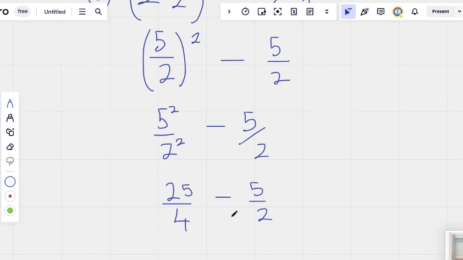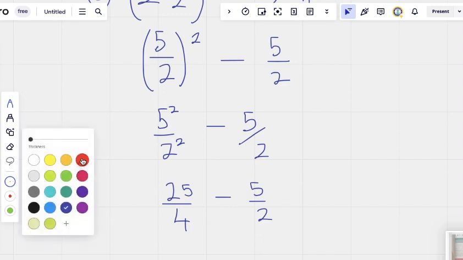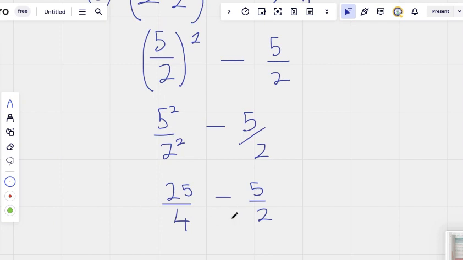Like I said, we can make the denominators the same. Please pay attention here. Just now I said if you want to make the denominator the same, use this denominator to multiply the whole of this, and that denominator to multiply the whole of that. Even if you do that, you get the same thing.